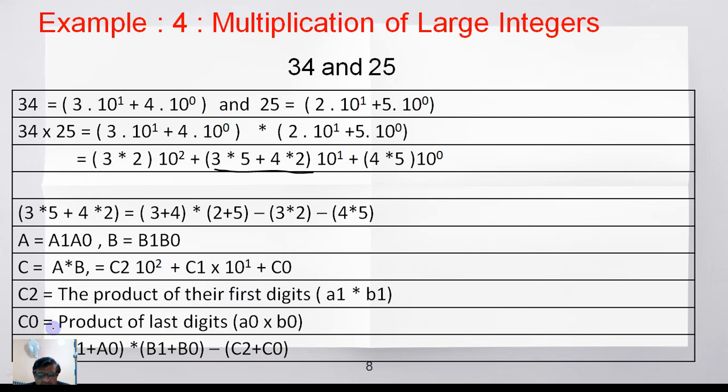C0 is the product of last digits a0 and b0, while C1 is the product of the sum of the first digit and second digit of the first number and the first digit and second digit of the second number, minus C2 and C0. C2 and C0 have already been explained.